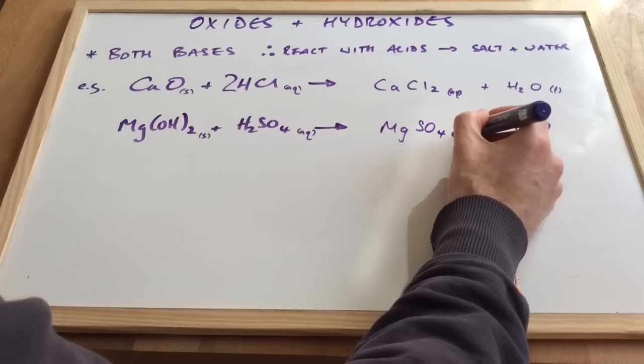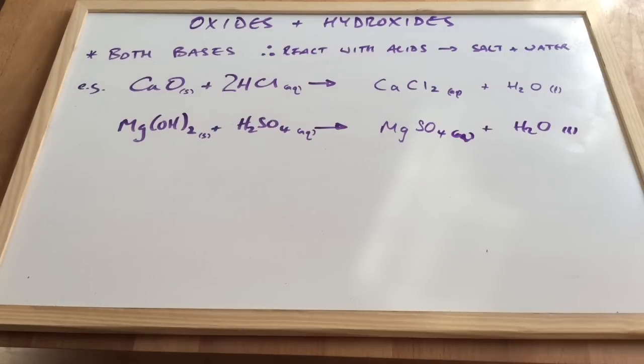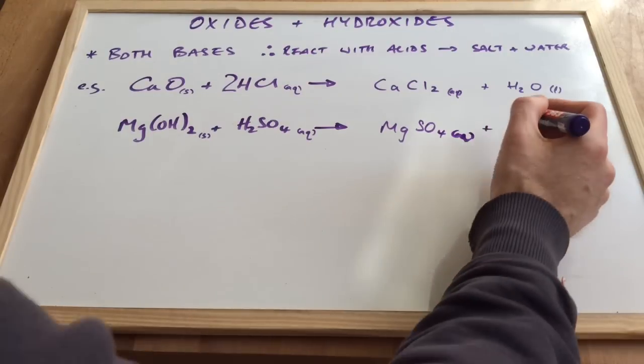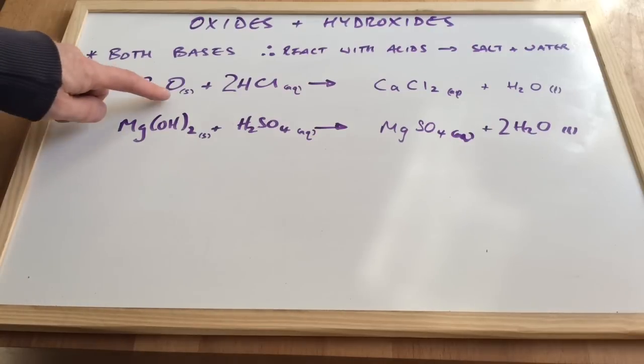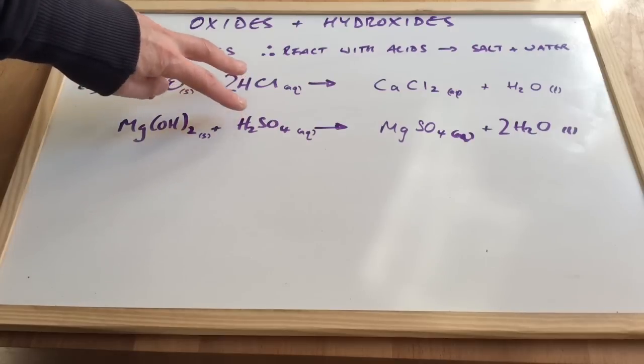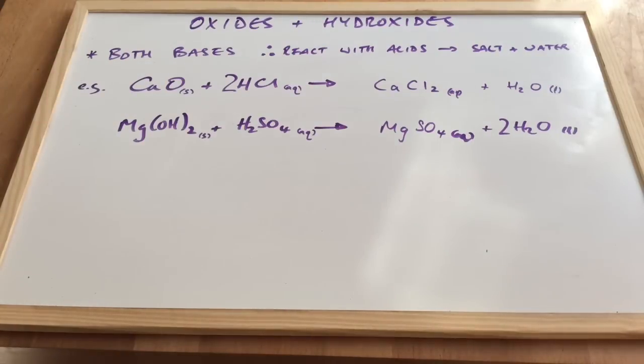That's aqueous, and that's obviously liquid. In terms of balancing, it looks like we need 2 waters there. In terms of observations for both of these reactions, again, state symbols give you a big clue. Solids, aqueous, aqueous and liquid, so the solids dissolved.